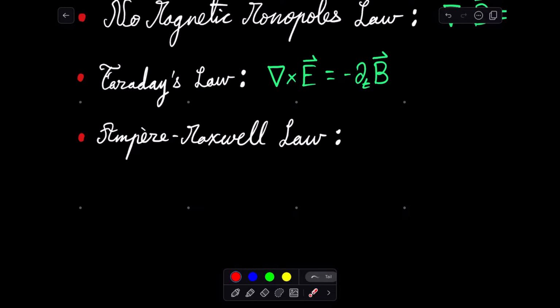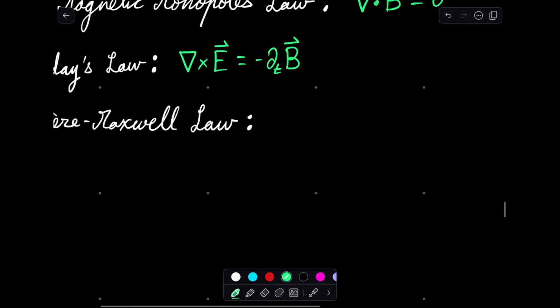Forgive me for not remembering that. I'm pretty sure French, Ampere. Then Maxwell discovered a fix to this equation, and so the equation is now known as the Ampere-Maxwell law. I'm having second thoughts about whether Ampere is French because the name is French. It's giving me a crisis in my knowledge of history.